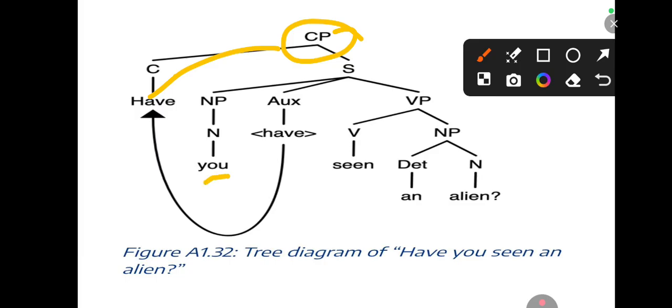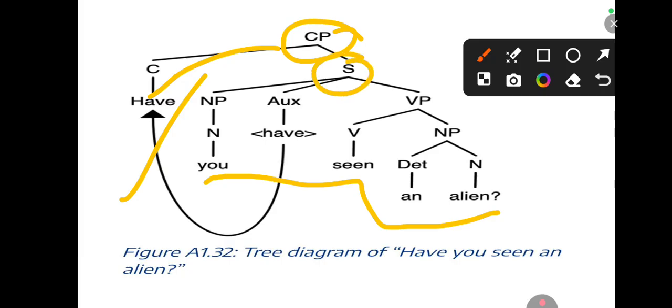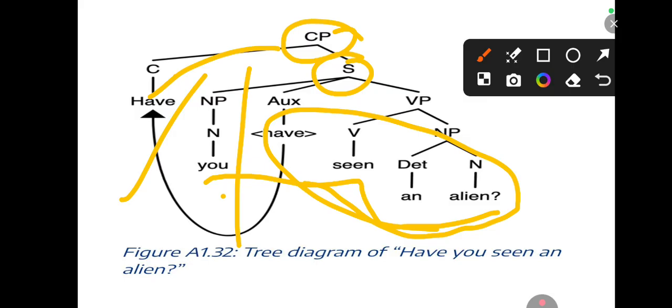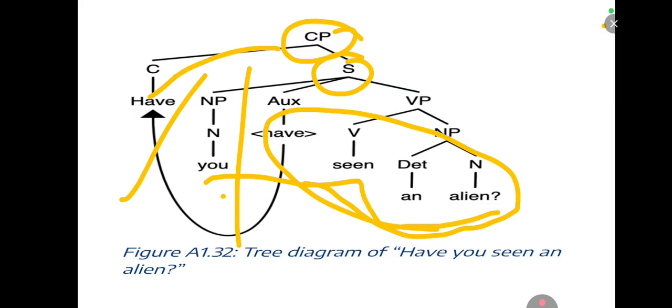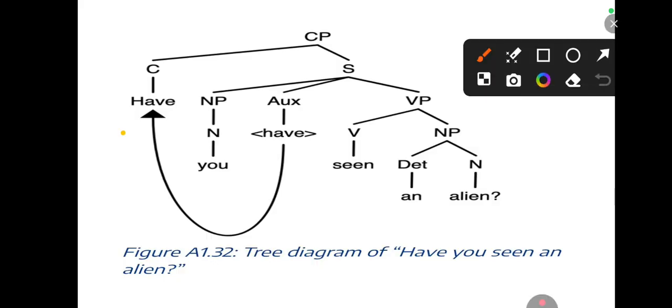Now, you have seen an alien. Suppose "have" is for the question, but otherwise it's a simple sentence, you have seen an alien, right? So that is a sentence, because "you" is the subject and "have seen an alien" is the verb phrase. So how to do it? You have to write, because it starts from "have", so that's a clause phrase, and this "have" is the complement.